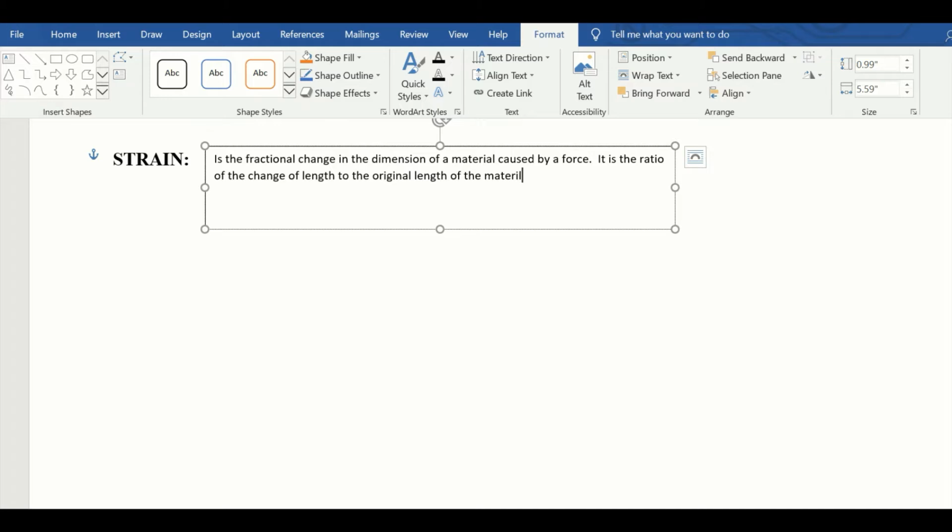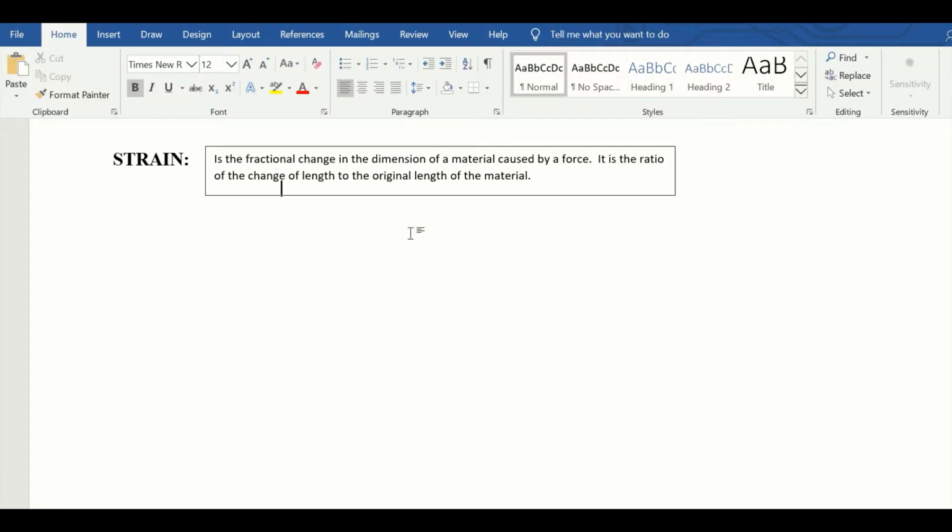That is strain. Before I give us the formula, I will show us the symbols we use for strain. I will show us two symbols. One is used for compressive or tensile force, while one is used for shear.